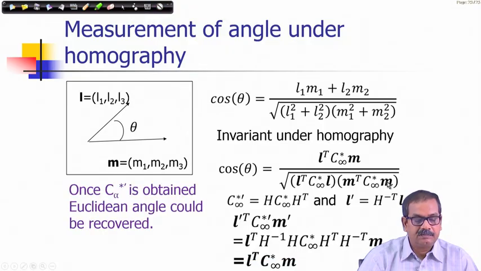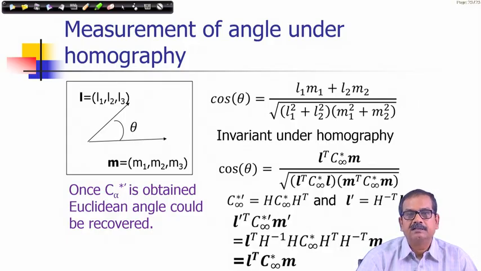Once this is obtained, what you require to do, given an image under homography, is to compute the transformed dual line conic at infinity, that is C infinity star prime. If you can obtain that, then you can use this relationship to obtain the original angle formed by those two lines in the original space.